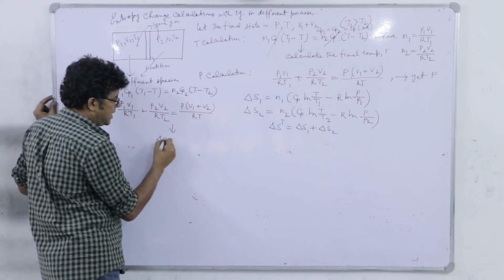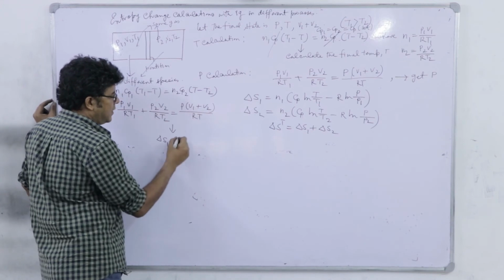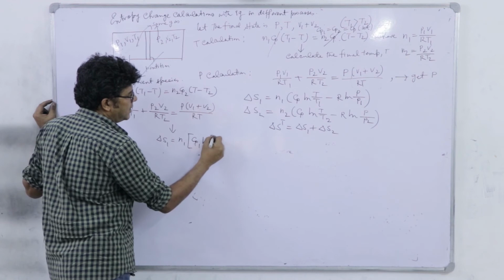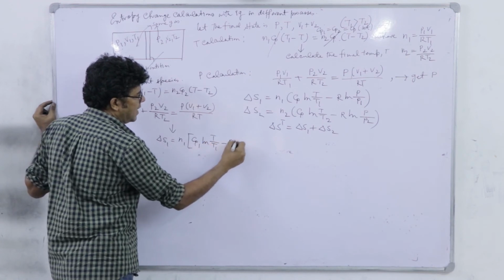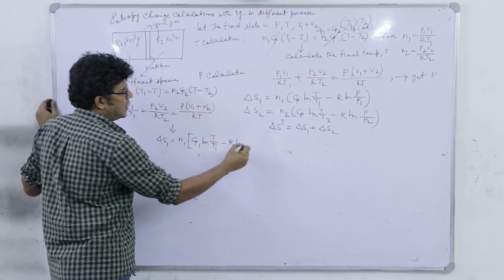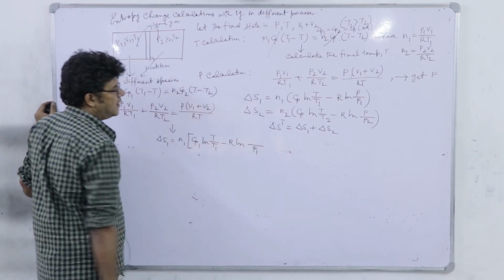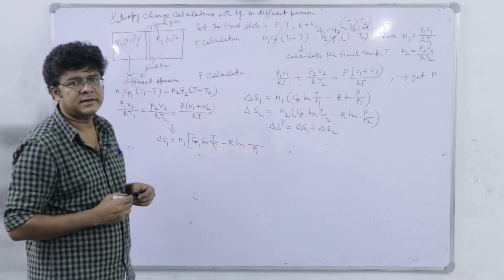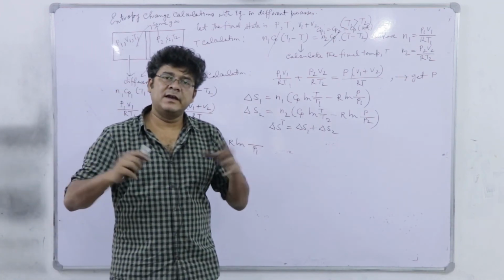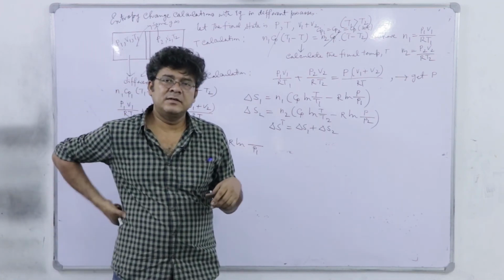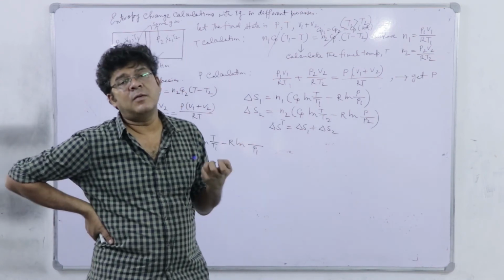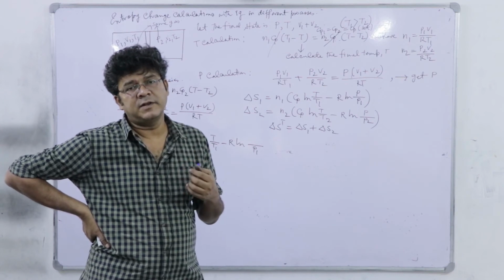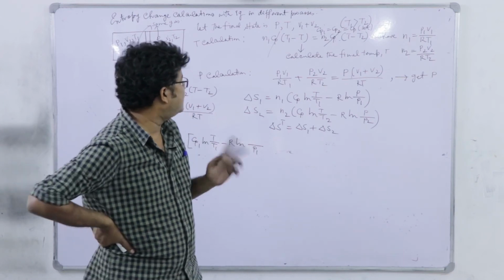Now delta S1 is equal to N1 Cp1 ln T by T1 minus R ln. Now what will it be? When you are mixing the two gases, in the final state the overall pressure is P, but what is component 1's contribution in this overall pressure? It must be the respective partial pressure.